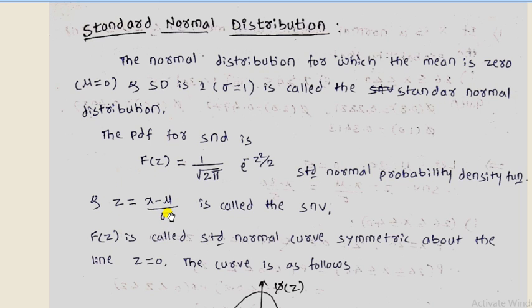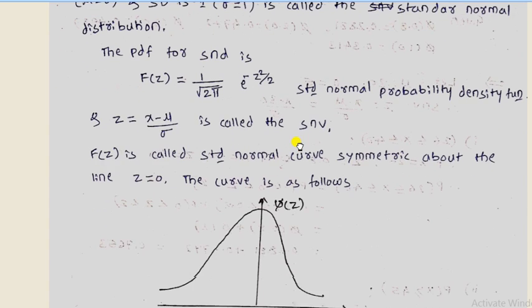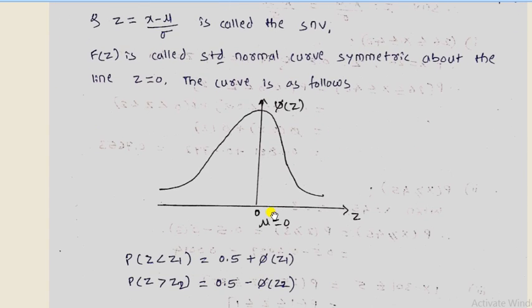This z function is called the standard normal variate, and f of z is called the standard normal curve, symmetric about the line z equal to 0, and the graph for the standard normal distribution is a bell shaped curve.